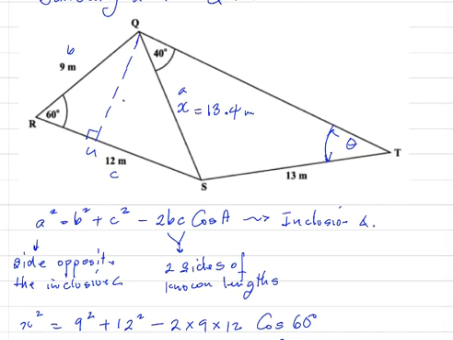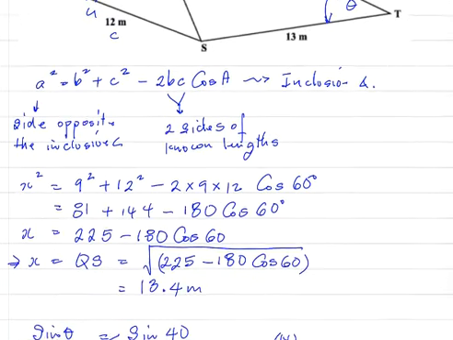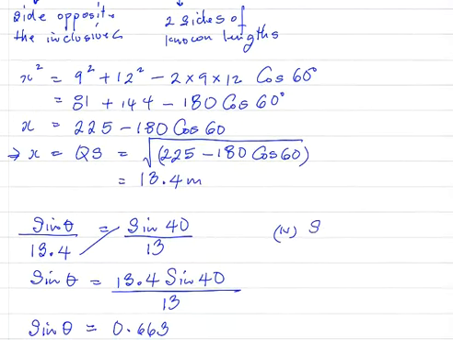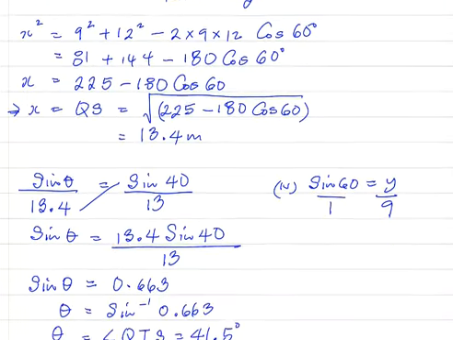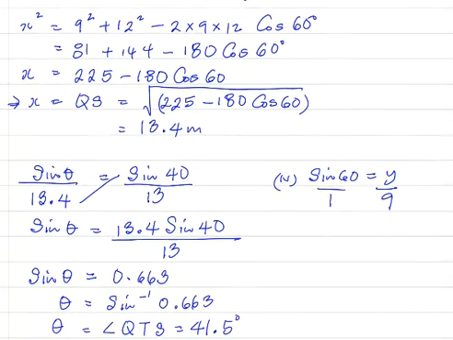I'm going to call that length Y. Y is opposite to the 60 degrees, and the 9 meters is the hypotenuse. The trig ratio that includes opposite and hypotenuse is sine. So sine of 60 is equal to opposite y over 9. Put the sine 60 over 1, and if I have one fraction equal to one fraction, I'm going to cross multiply.